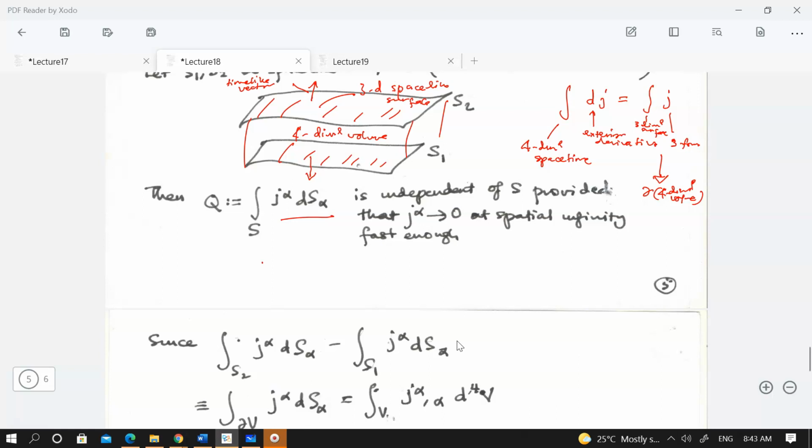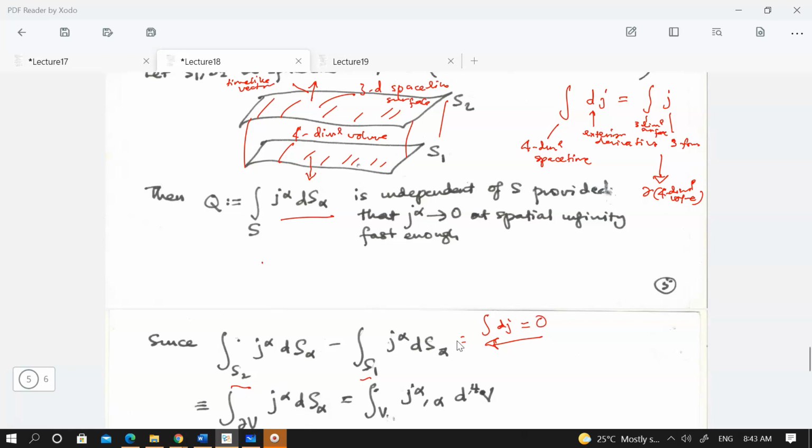So I will have S2 here as the top one and S1 as the bottom one, with different orientation. Here is the positive one, this is the negative one. So I'll be able to get this, and this difference will be related to your dj, which is related to your divergence. So dj here is going to be equal to 0.